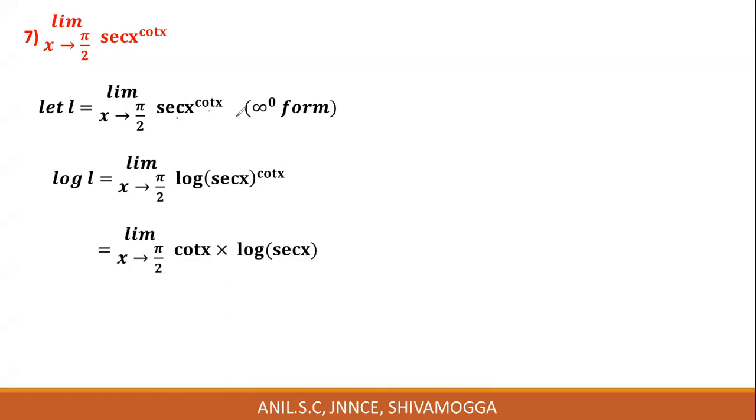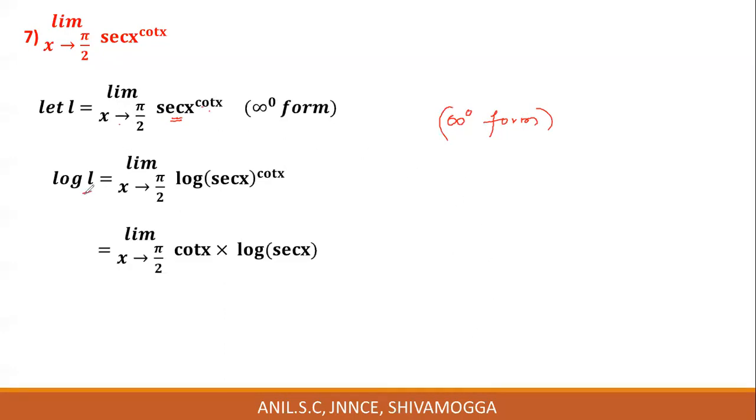Identify the indeterminate form. As x tends to pi by 2, base will be secant pi by 2, and we know that secant pi by 2 is infinity. And index will be cot pi by 2, and cot pi by 2 is 0. Therefore, this takes infinity or 0 form. We cannot use L'Hospital's rule.